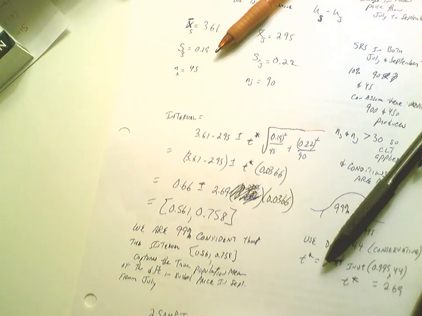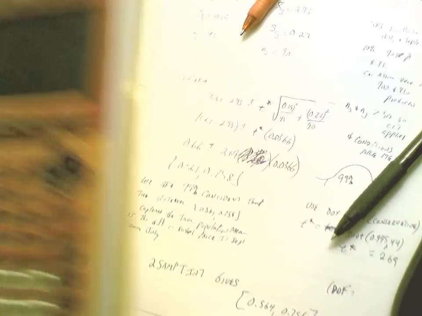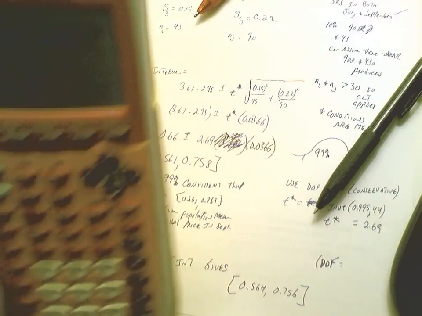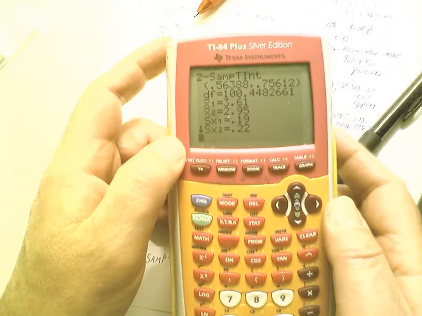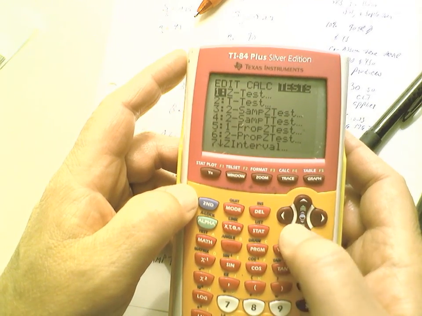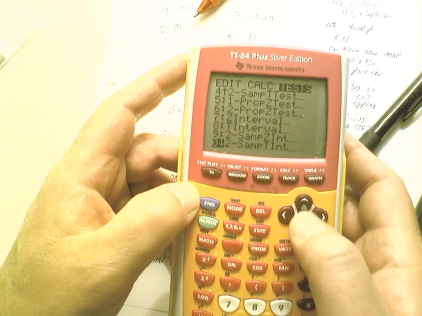Now, we talked about that ugly formula. Let me bring that into play for you for a moment, and we'll come back with a slightly different answer. You'll see why in a couple seconds. A two-sample t-interval. So, stat, tests, and it'll show up as 2-SampTInt.